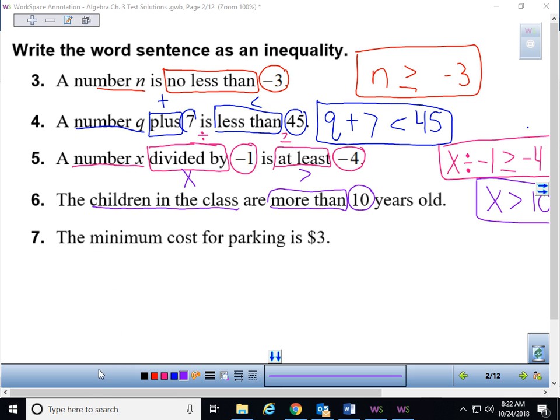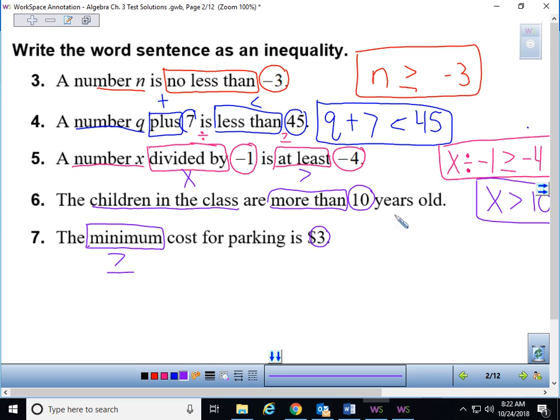Question 7, last one of this section. It says the minimum cost. Minimum is definitely an inequality statement, and if you had written down the words from your cheat sheet, the minimum represents greater than or equal to. So the minimum, or the greater than or equal to, cost for parking is $3.